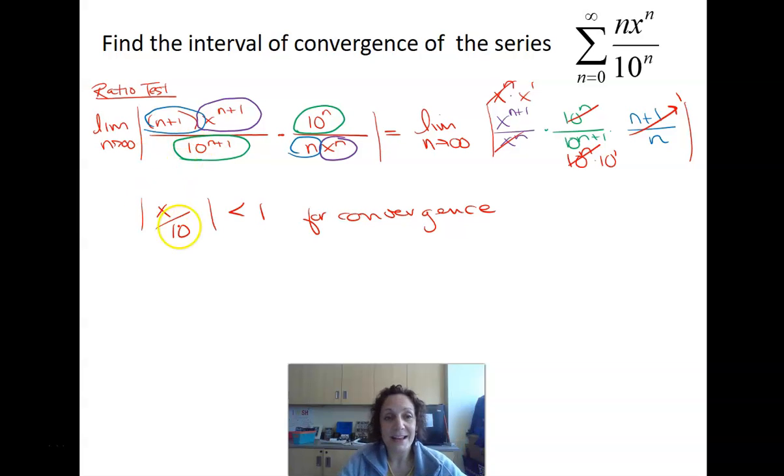So what I got is an expression in terms of x. I'm going to force that to be less than 1. What x values will make that less than 1? And I think we probably all agree that that would be between negative 10 and 10.